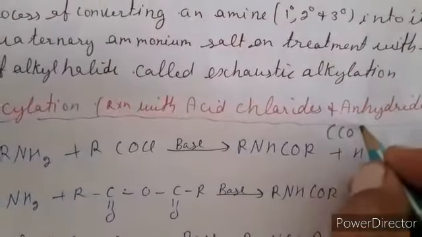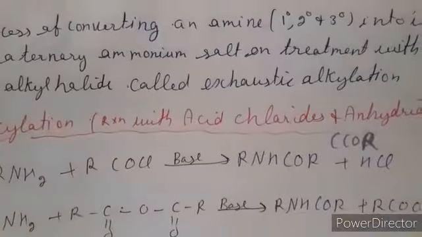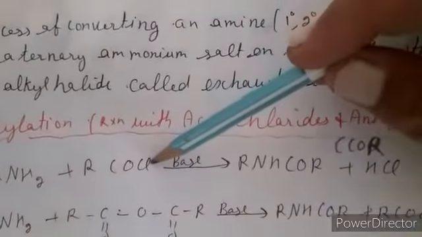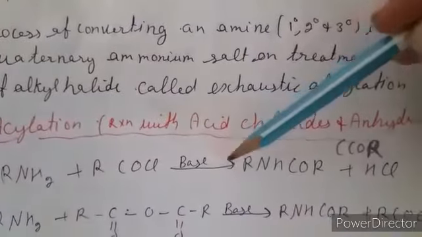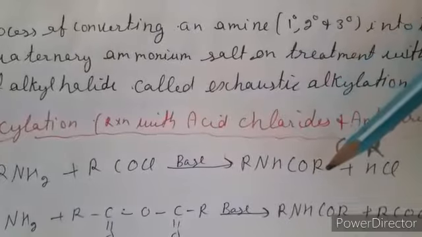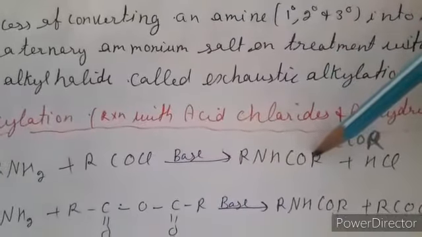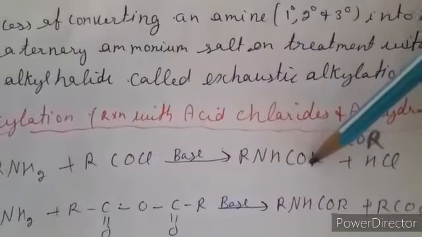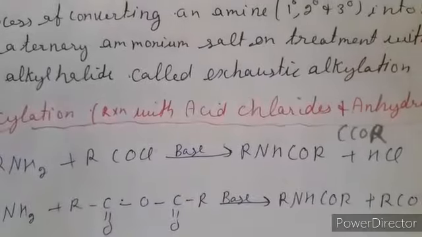Here the COCl group gets attached to the nitrogen atom. When we react a primary amine with acid chloride in the presence of a base stronger than the amine, that is pyridine, it undergoes a nucleophilic substitution reaction and forms a substituted amide, an N-alkyl alkanamide.